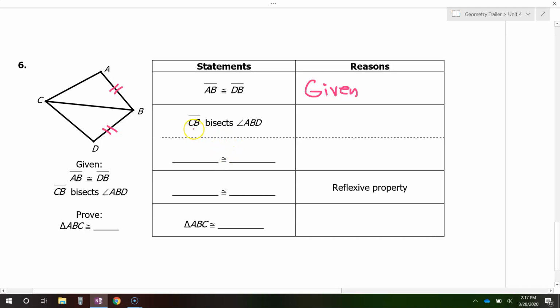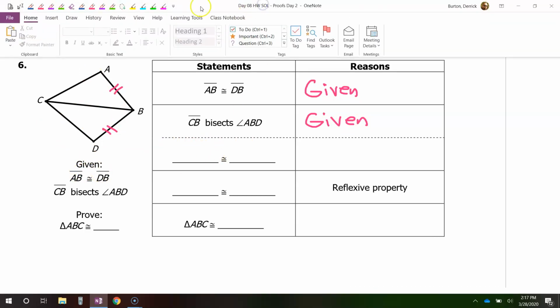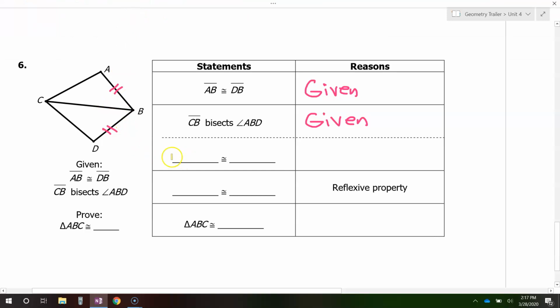Okay. Segment CB bisects angle ABD. Okay, that is given, so that part is easy. We need to mark that in the picture somehow. And in fact, by marking this in the picture, it will actually give us the other half, the next statement.